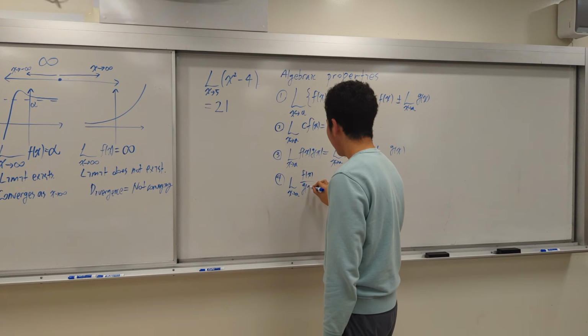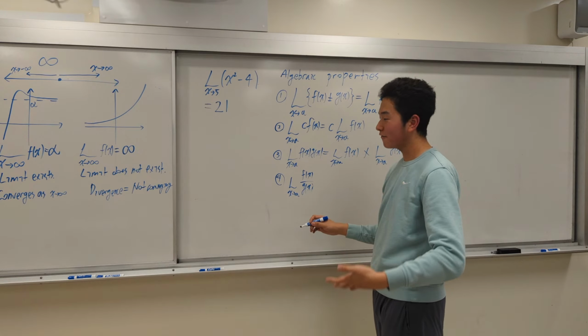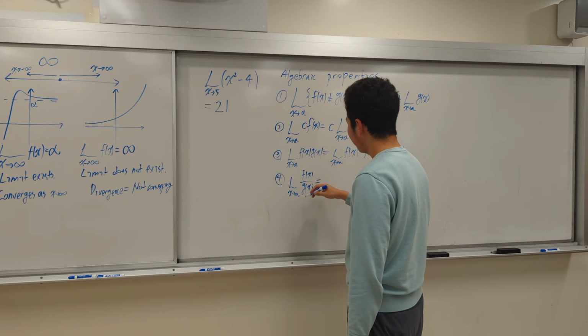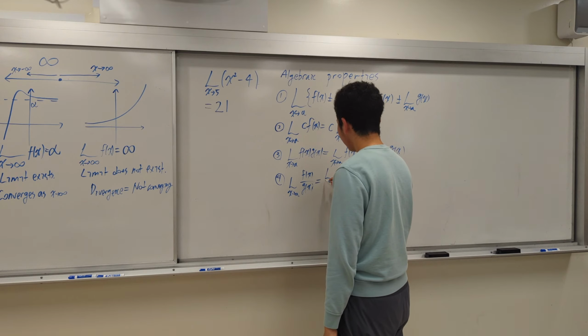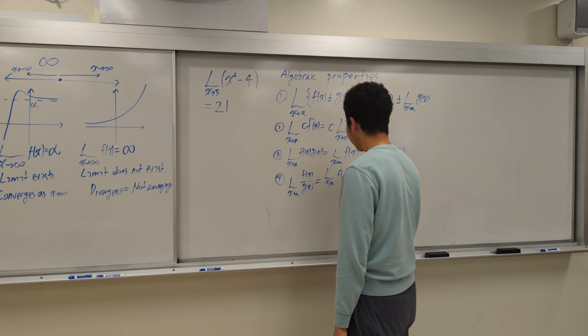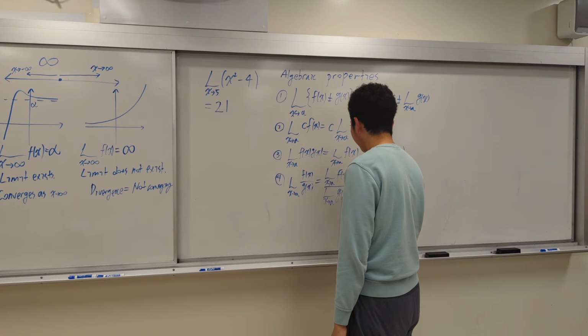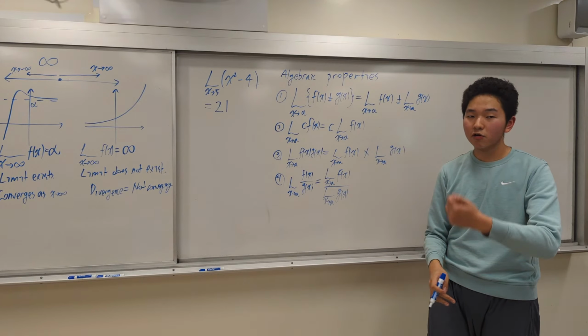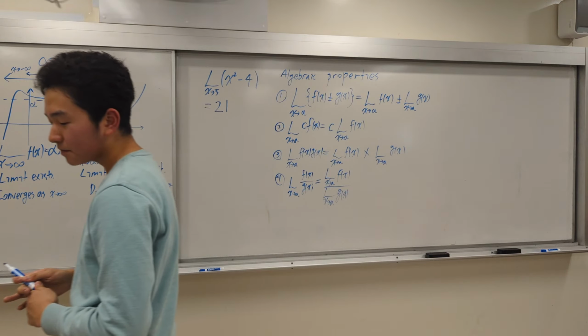Because if the denominator goes to 0, things get very complicated very fast. But if they both exist as nice non-zero real numbers, then we can totally split the limits. So these are basically the algebraic properties that you can use when you're evaluating some more complicated types of limits.